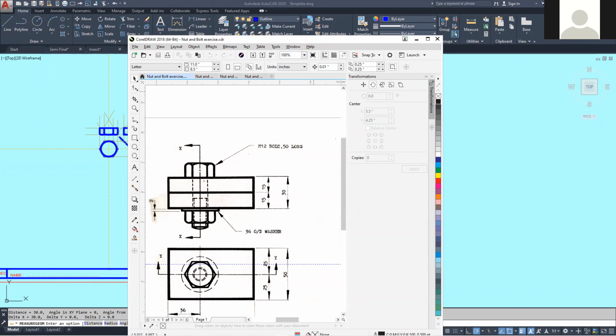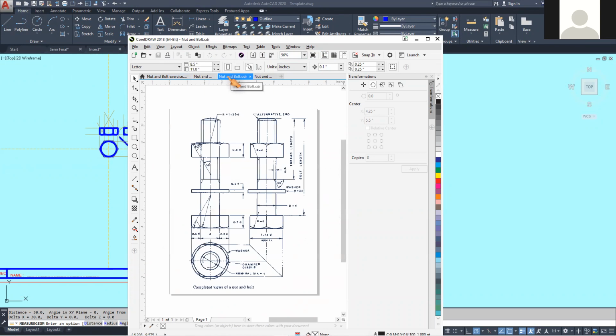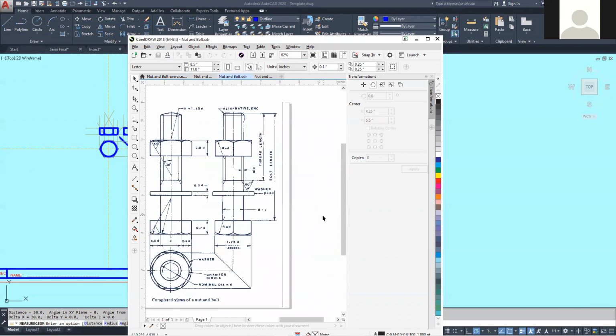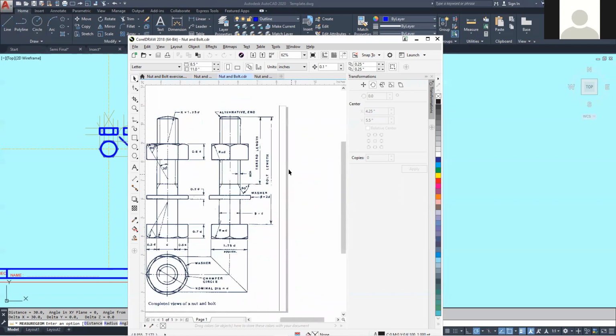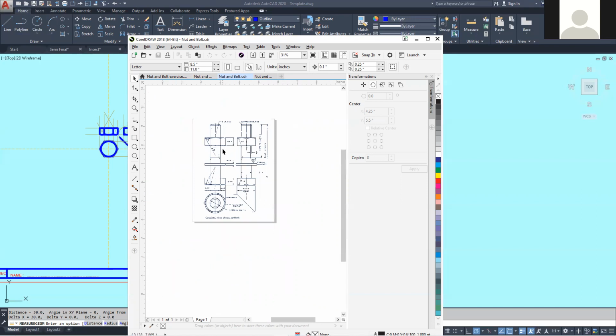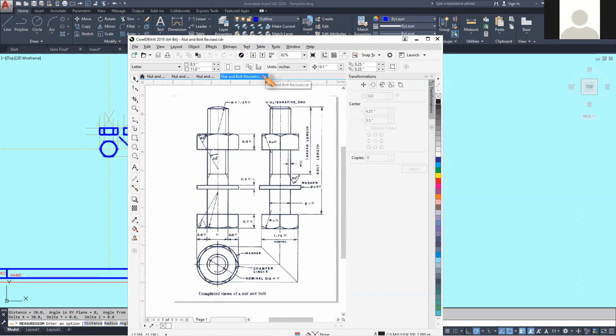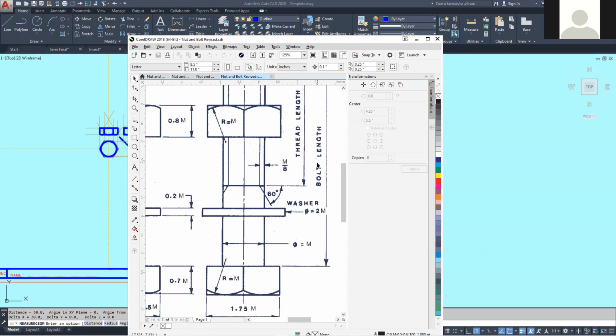Now, when they say the bolt is 50 long, when they give the bolt length it does not include the head. So if the bolt is 50, from here to the end of the bolt is 50. This is D, sorry. From here to here would be 50, all right?